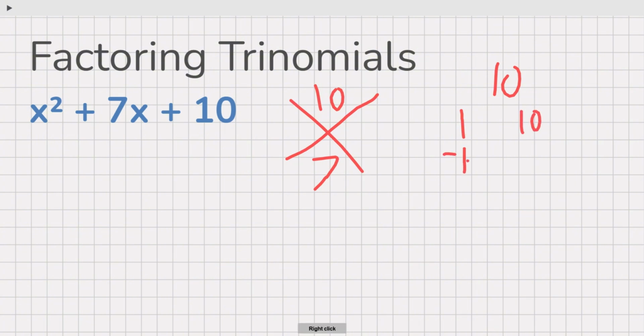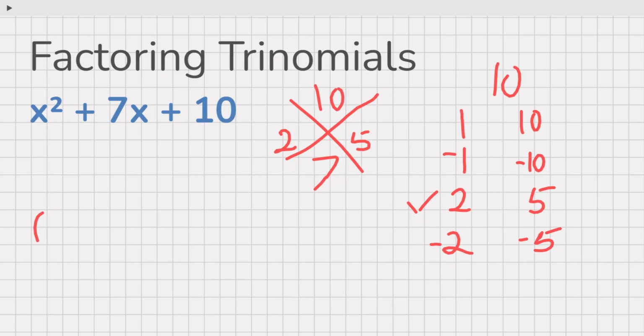Numbers that multiply to get 10: that's 1 and 10, negative 1 and negative 10, 2 and 5, and negative 2 and negative 5. So what numbers add together to get 7? You guessed it, 2 and 5. So we have our two binomials, x plus 2 and x plus 5.